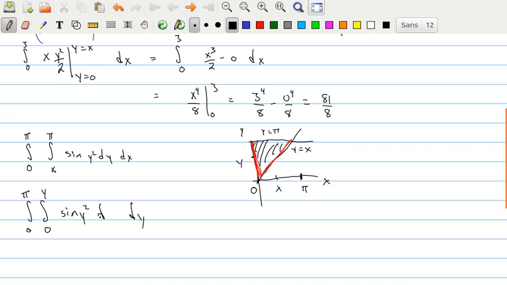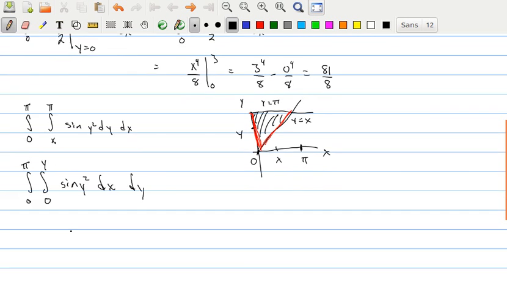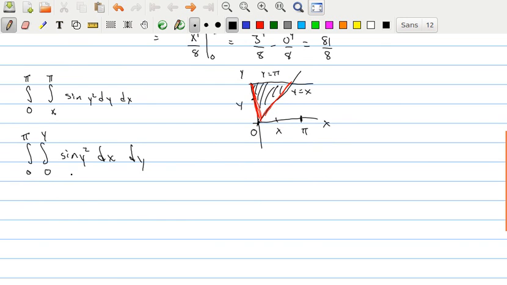That never switches when we alter our limits of integration, when we flip them around. However, now this inside integral is with respect to x. So if we integrate that with respect to x, sine of y squared is constant. It has no x's in it. So we integrate and we're going to pick up an x. And x we evaluate from x equals 0 to x equals y.